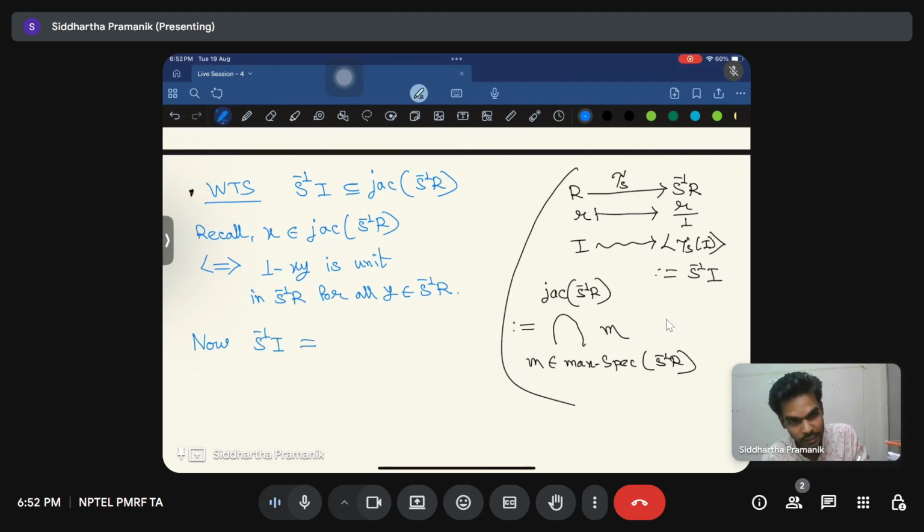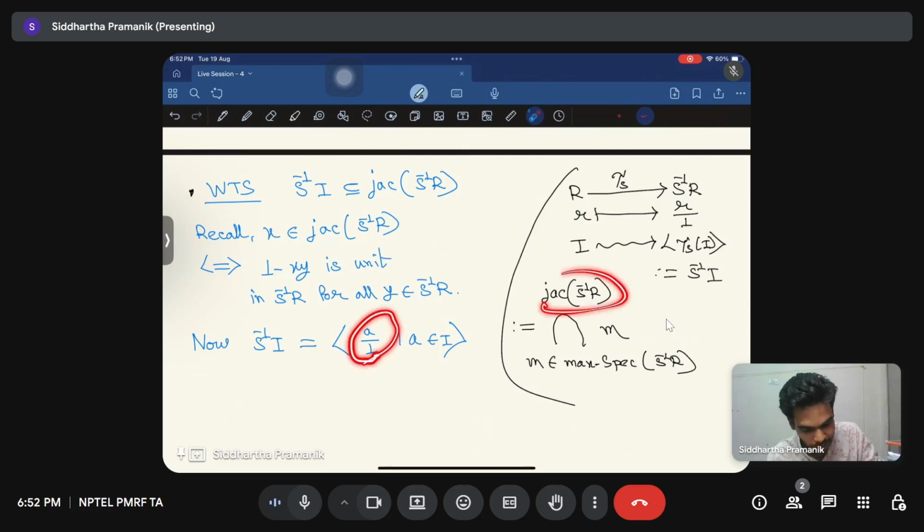So it is basically generated by a by 1 such that a belongs to I. And we will prove that all these generators are in the Jacobson radical. So if the generators are in the Jacobson radical, then the ideal generated by those generators is also in the Jacobson radical.